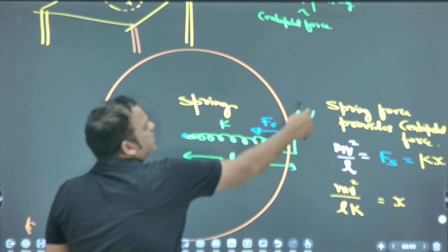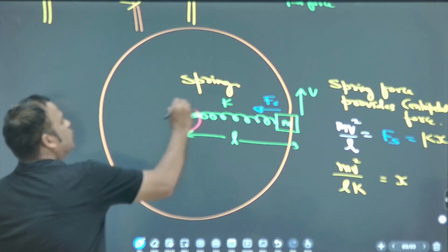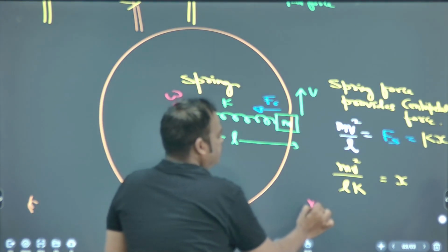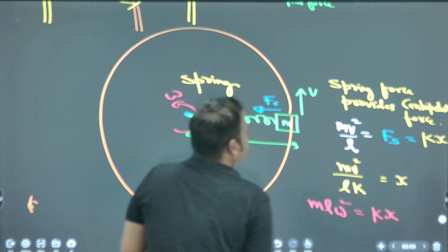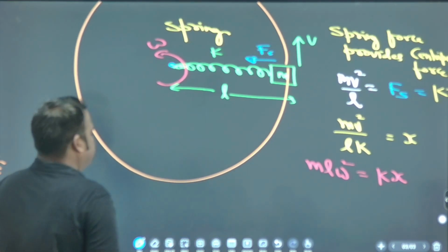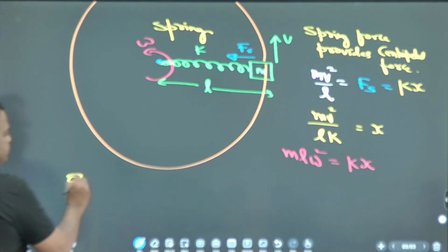If v is not given, omega is given, then omega formula you have to use. Suppose omega is given, so what you write? ml omega square is equal to kx. Okay, clear? So solve this question.